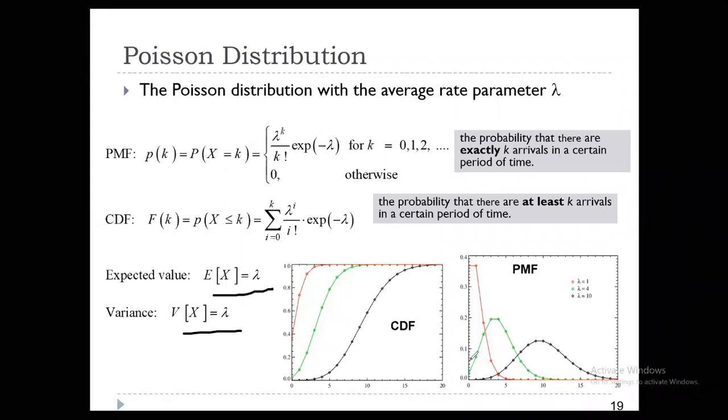We can see it looks somewhat like the chi-square, skewed to the right, but as the number of occurrences increases, the process starts looking like a normal process. Okay, let's move on.